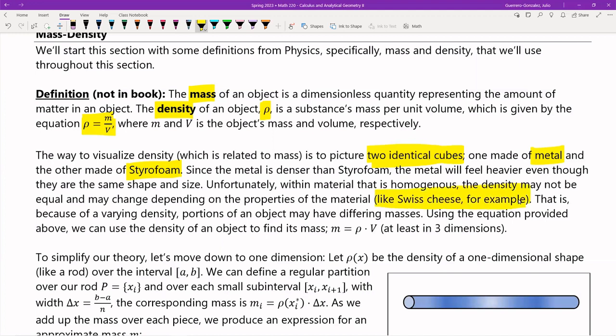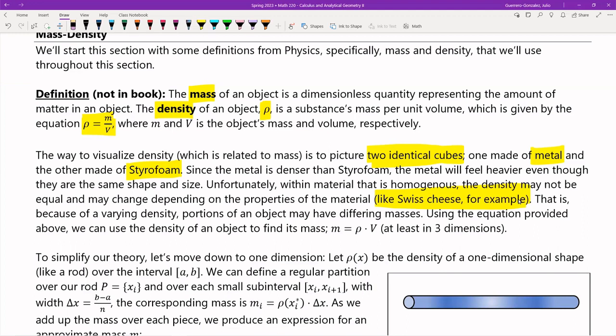You can have a piece of Swiss cheese that has more holes than another one. If you have two similar sized squares of Swiss cheese, one of them might be denser than the other one. It might have more holes in it.